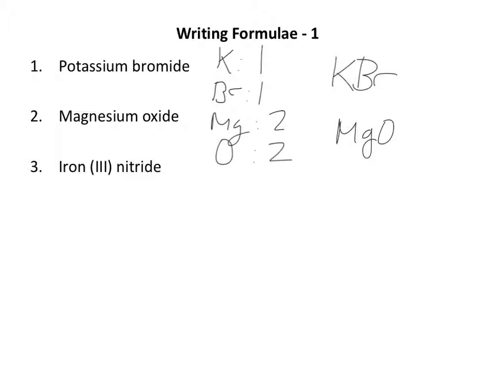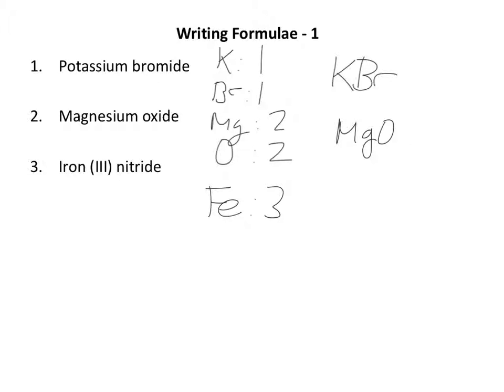Iron(III) nitride. Now this little 3 is quite interesting because iron has 2 possible valencies, either 2 or 3. And when you're given a compound's name, helpfully you'll be given what the valency actually is. So I already know, without even looking at the valency table, that iron is 3.